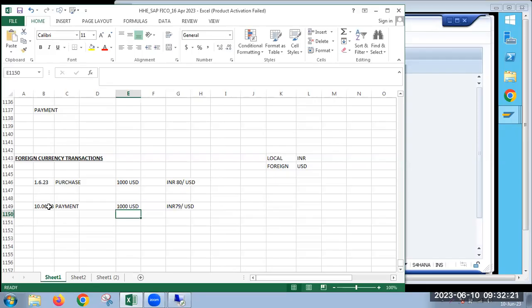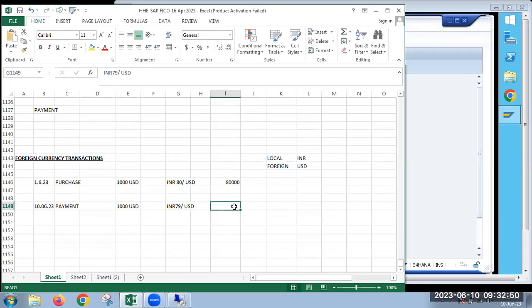Okay, then how will it be executed? See here, if we take this amount to the local currency, how much will it be? 80,000. Our liability will be 80,000, because on the first day of June we made the transaction with this rate. Today, we made the payment at 79 per dollar.